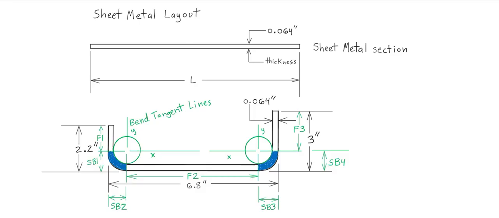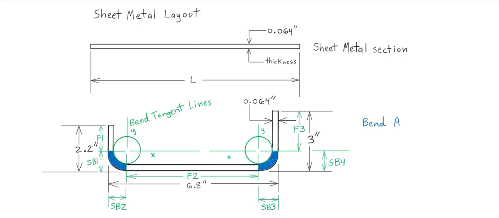And note, this particular lecture is only bending for 90-degree bends. In another lecture, I will show how to bend non-90-degree bends, like perhaps different bends outside of 90, either greater than 90 or less than 90.